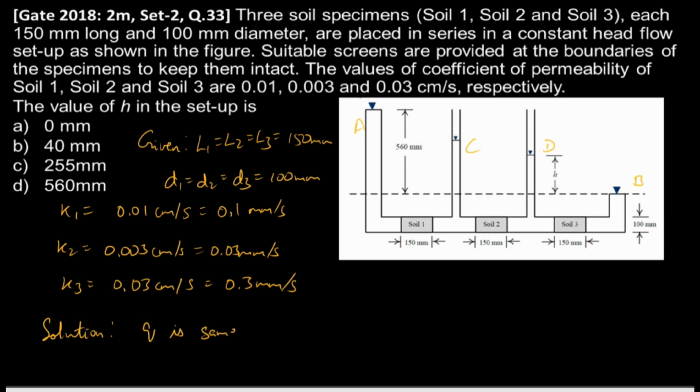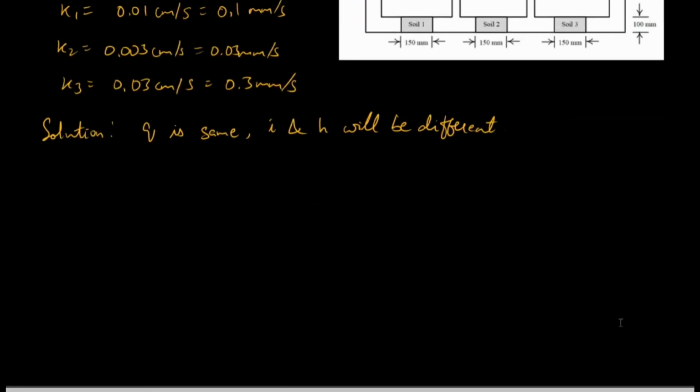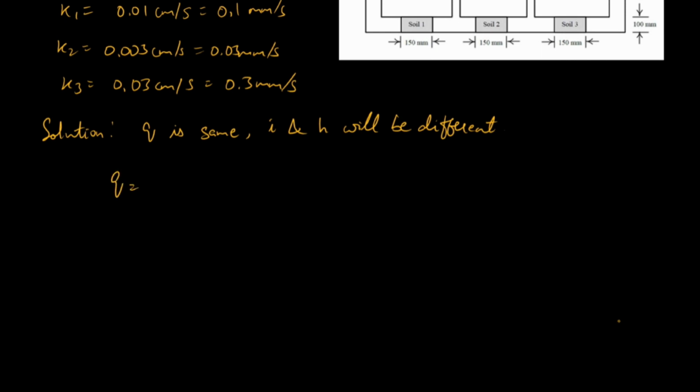Q is the same, I and H will be different. Therefore, Q equal to K1 I1 A equal to K2 I2 A equal to K3 I3 A equal to K average I A.